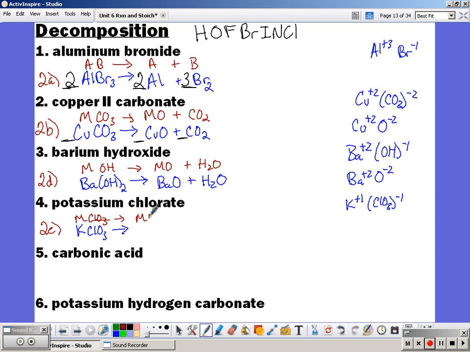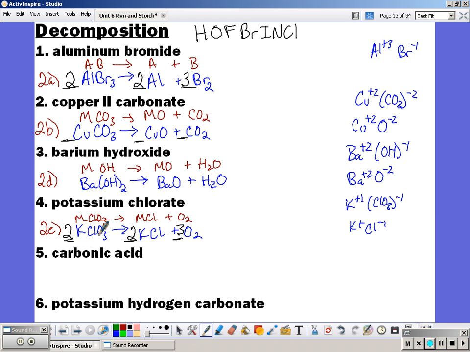So my metal is potassium, chlorine is -1, so that's KCl plus O2. To balance it, 1 K, 1 K, 1 Cl, 1 Cl, 3 oxygens, 2 oxygens. 2 times 3 is 6, 3 times 2 is 6. By putting the 2 there, I now have 2 potassiums, so I'd have to multiply by 2, giving me 2 chlorines and 2 chlorines.